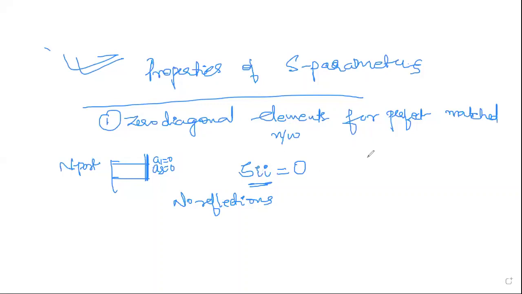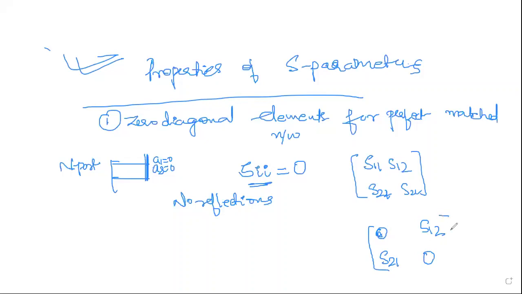Because if I consider a 2-port network, S11, S12, S21, and S22, suppose this is a perfectly matched network, the property says that the scattering parameter Sii is equal to 0, which means the diagonal elements will take the form: S11 will be 0, S12 will be there, S21 will be there, S22 will be there.